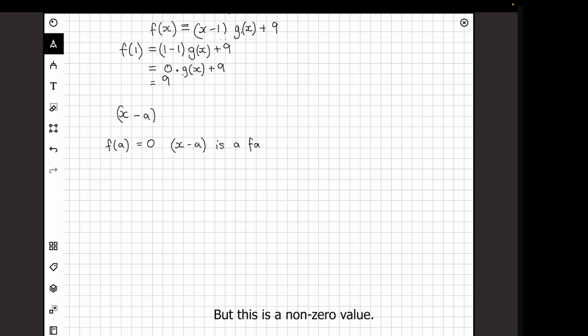But if f of a is a non-zero value, then what we'll get is 0 multiplied by the quotient g of x plus some constant k, which is the remainder. So in other words, if we put in some value of a and it's non-zero, that is the remainder. So the remainder k is f of a.